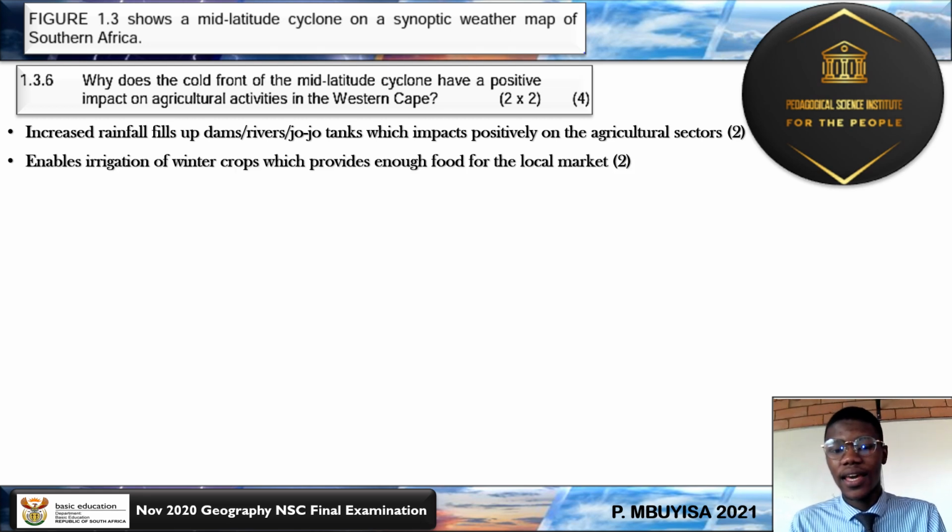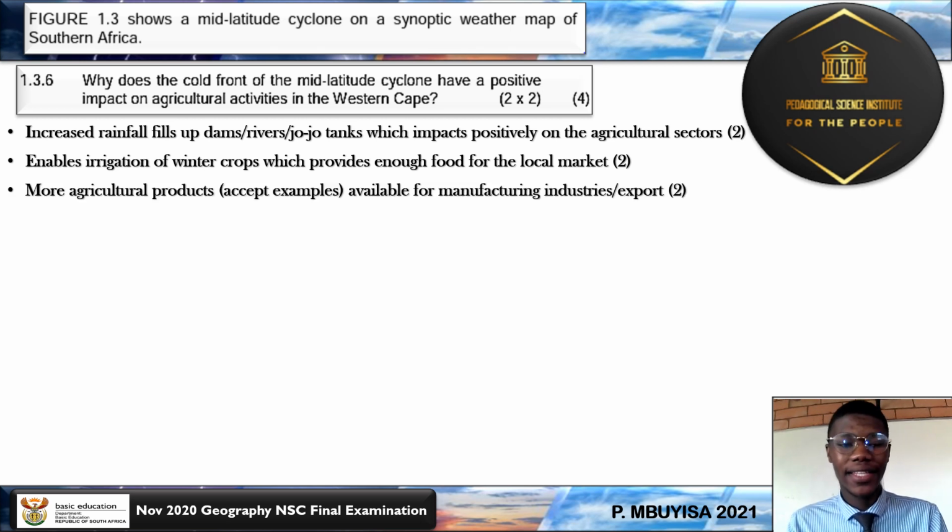How does it impact positively? It enables irrigation of winter crops to occur, which means we will have enough food for local markets, and again it means that we are going to have more agricultural production, and we will be able to export some of the products that we yield from farming.